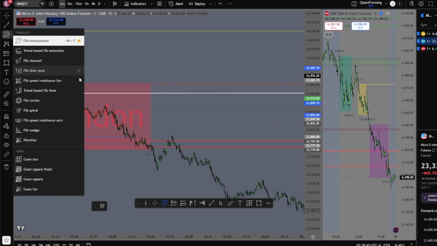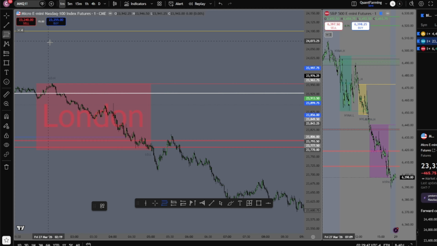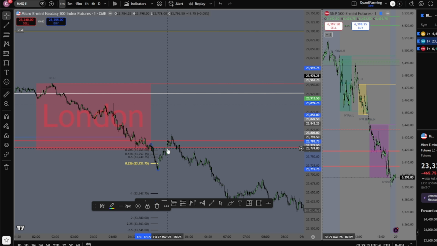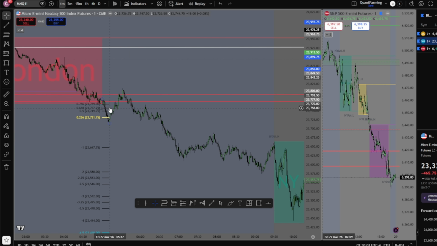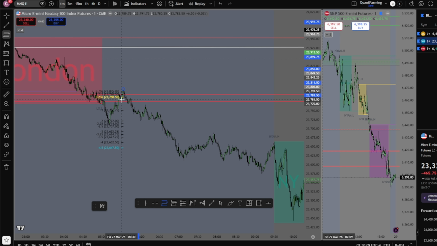I have my 5 minute range after London, and I use this to get a good understanding of where price goes. Now, if price does not get respected on this 5 minute range after London, I can find a different leg to anchor my fib to in which price respects.